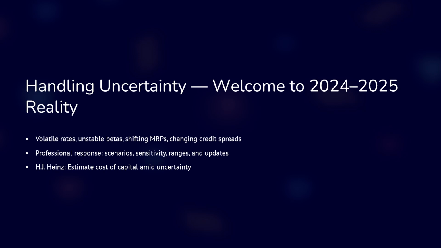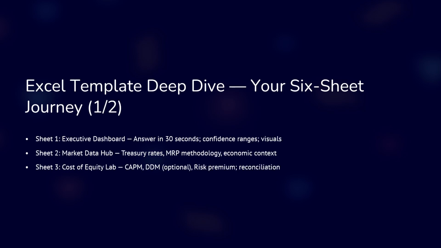Use scenario analysis, test sensitivity, present ranges, and update this regularly. In your H.J. Heinz case study, you're going to navigate this uncertainty and provide practical cost of capital guidance for real business decisions. All right, now let's walk through your Excel template systematically.